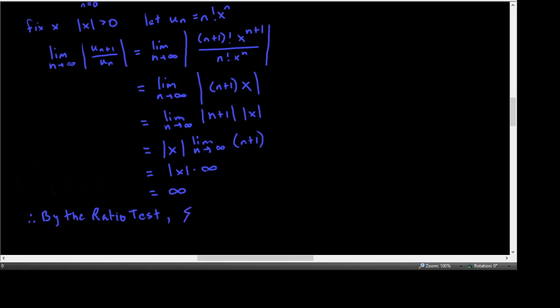So the series in question, just write this out, of n factorial x to the nth, diverges for the absolute value of any x being positive.